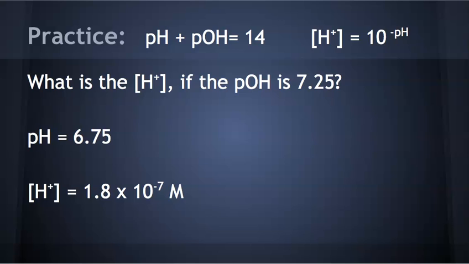As you can see here, we can always just work our way around the circle. Since we found the [H+] concentration, we could use that to find the [OH-] concentration, or you could have just used the initial pOH to find the [OH-]. Once you know one value, you can always find the other three.